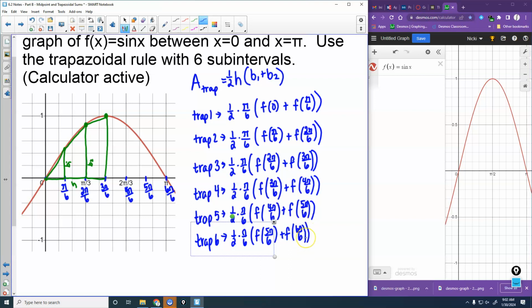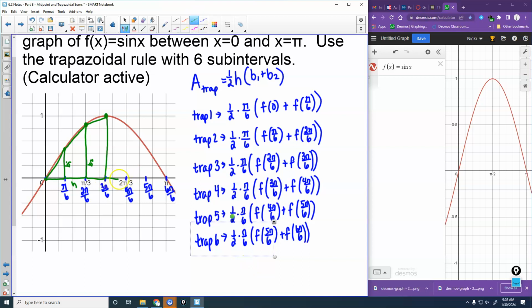And you, of course, are welcome to reduce those and make that 6 pi over 6 into pi for that. It just is easier to me to think of it like this, plus you're using the calculator, so it doesn't matter if you're typing in fractions that you really should be reducing.